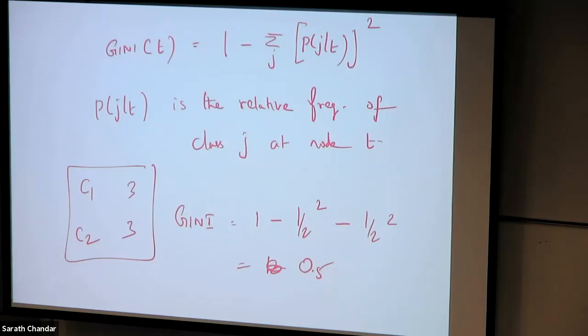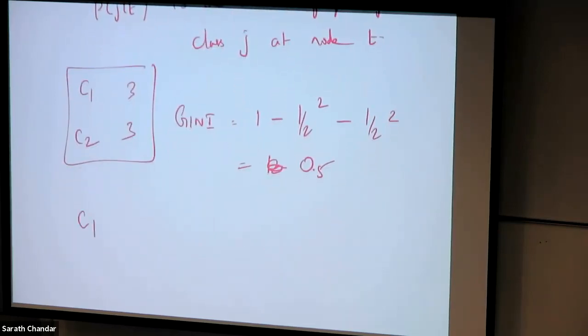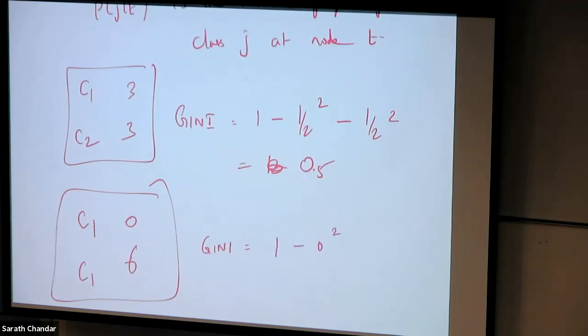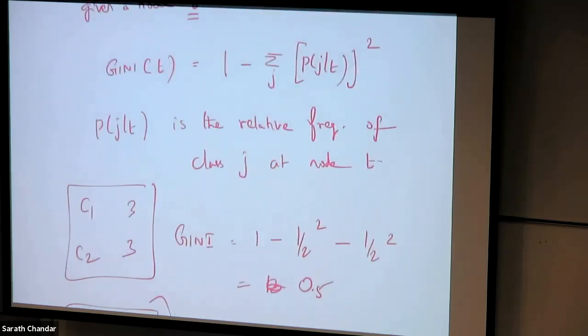Now let us look at the other extreme. Let's say it is 0 and 6. Now what would be the Gini for this? It will be 1 minus 0 square minus 1 square, which is 0. So the Gini index goes from 0 all the way to 0.5.